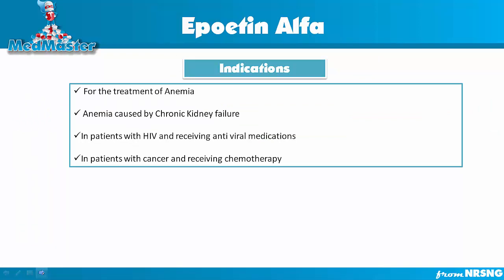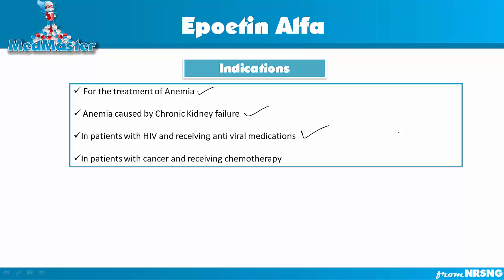Like for example, for the treatment of anemia, which could be associated with anything. A patient can get anemic if they have kidney problems or for some other reasons as well. So we can use this Epoetin Alfa to increase the red blood cell count and for the treatment of anemia. Anemia caused by chronic kidney failure, as we talked, and in a patient with HIV receiving antiviral medication.